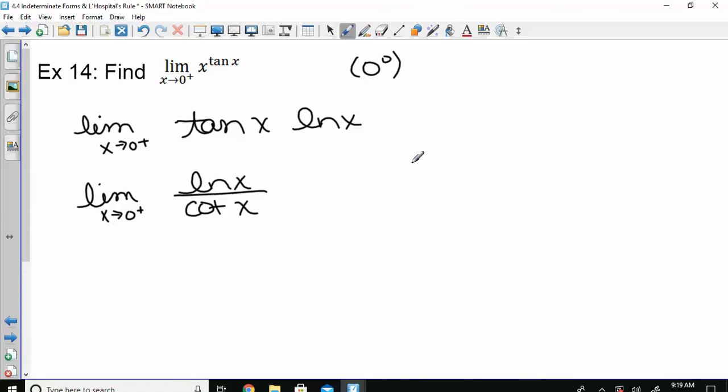Okay, as you approach 0 from the right, your natural log graph looks like this. So as you approach 0 from the right, it's going to negative infinity. Cotangent is approaching infinity. You've got an asymptote there. So this is an indeterminate.